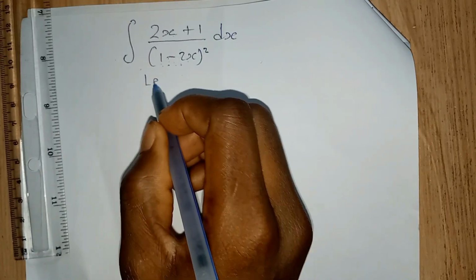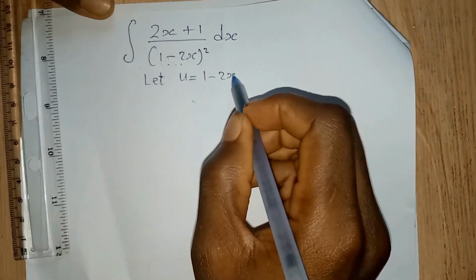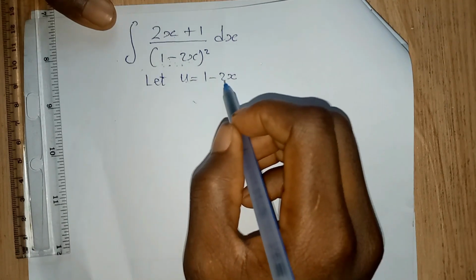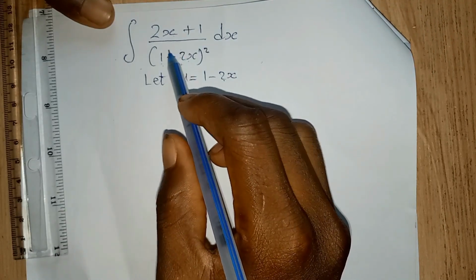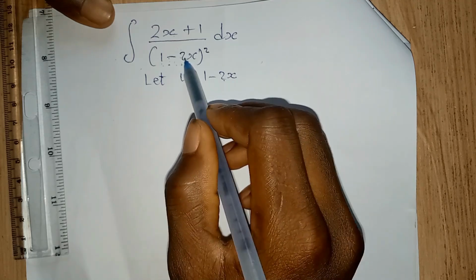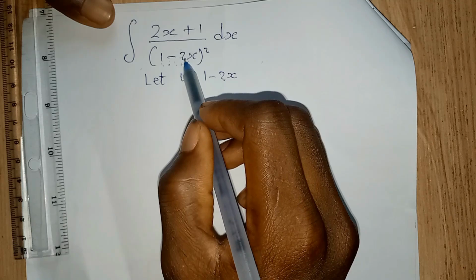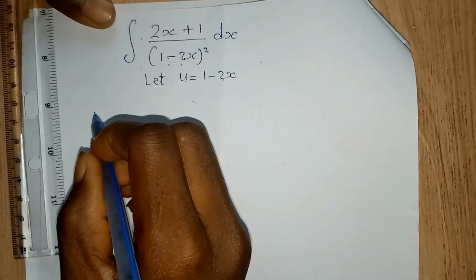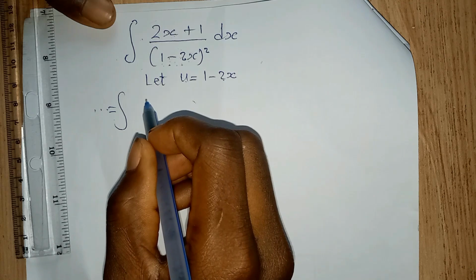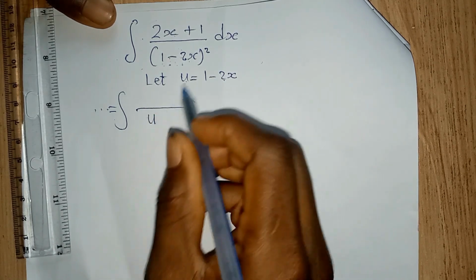Therefore I will now say let u equal 1 - 2x. Right now, when u equals 1 - 2x, it means we have succeeded in substituting this denominator. The whole thing is now equal to the integral of (2x + 1) over u.